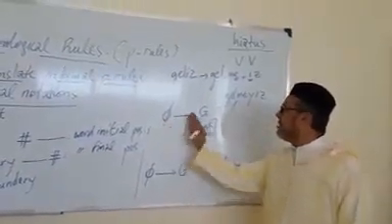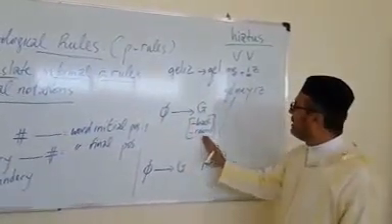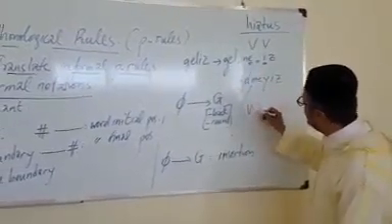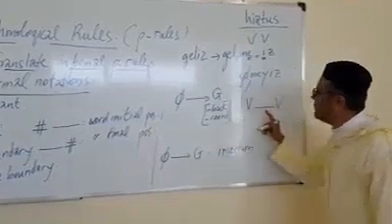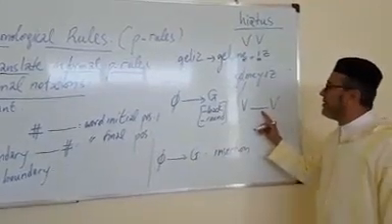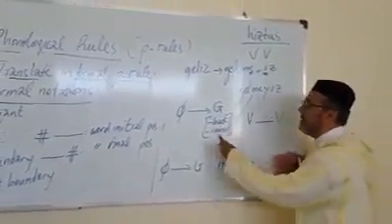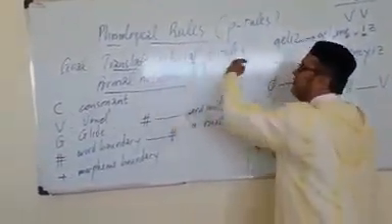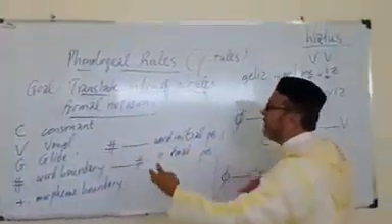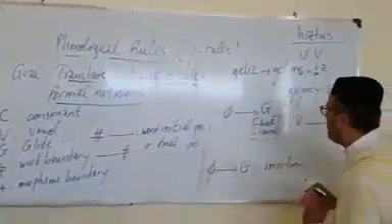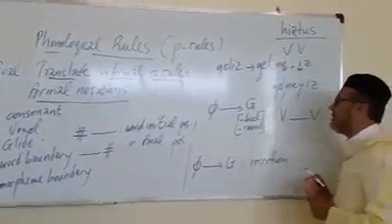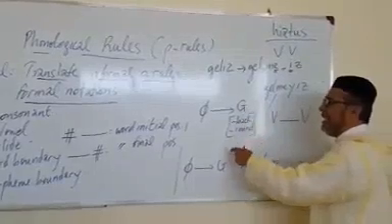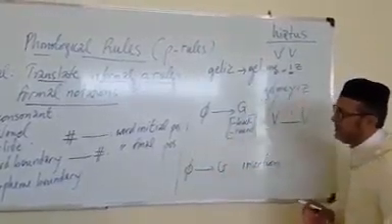So that's what happens: the glide is inserted. Which glide? The glide y. Where? Between two vowels. So we insert it right here. That's your rule. This rule is a formal notation of the informal rule saying insert a glide between two vowels to break the vowel cluster. So that's the final representation of that rule in formal notation.